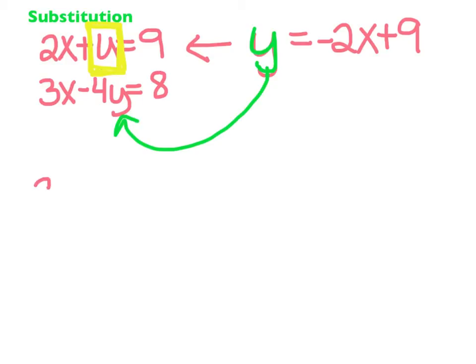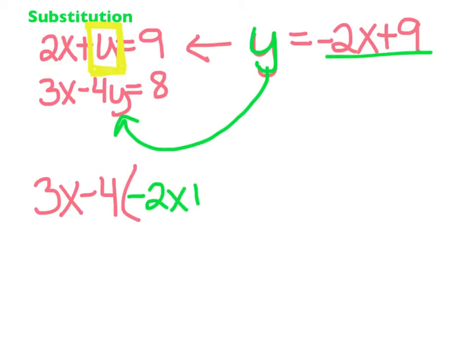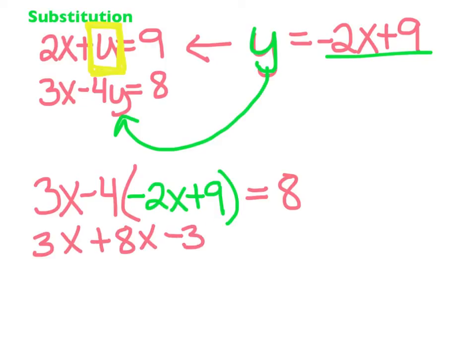So now I have 3x - 4(-2x + 9) = 8. I am going to distribute: 3x + 8x - 36 = 8.